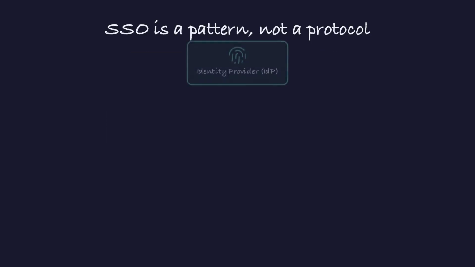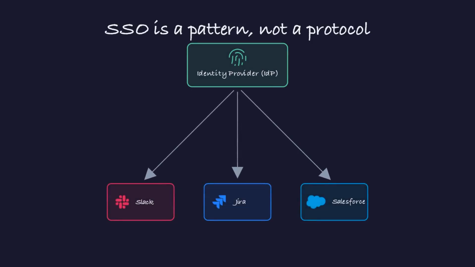With SSO, there's one central identity provider, the IdP. Every app trusts it. When you open an app, it asks the IdP, "Can you vouch for this user?" The IdP authenticates you, and the app lets you in without ever seeing your password. Those apps are called service providers.